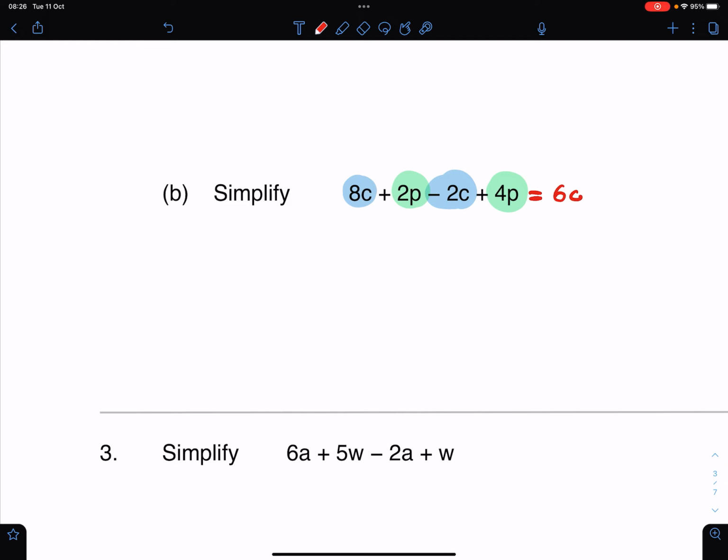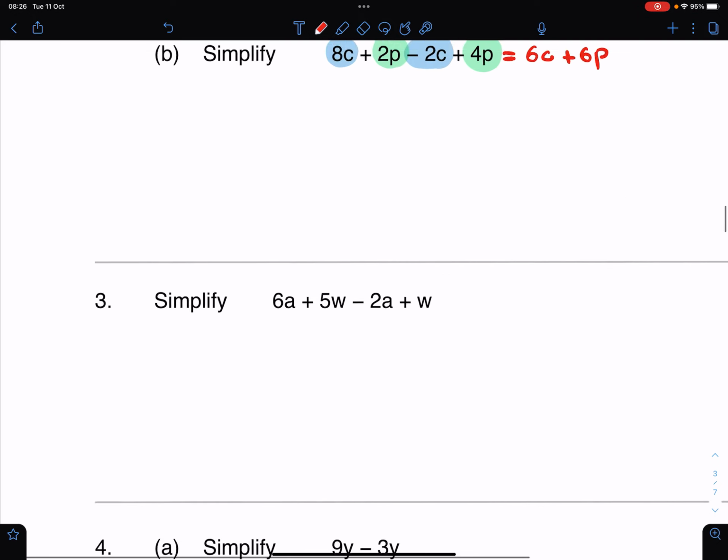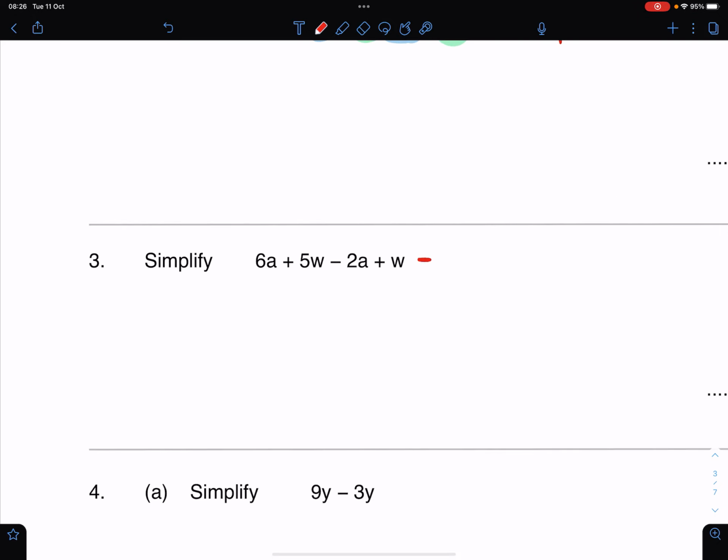Since 2 p's and 4 p's are both positive, you can confidently add them because they have the same sign. 2p plus 4p will be plus 6 p's. Are we happy with this? Good job. So what about 6a plus 5w minus 2a plus w?